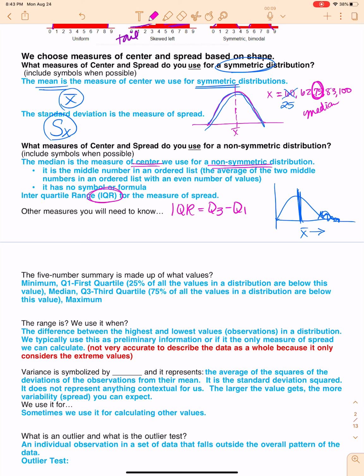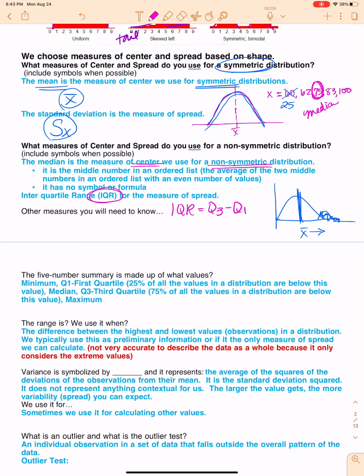But if I'm looking at a distribution and I say, you know, that looks a little non-symmetrical, it looks a little skewed to the right or skewed to the left or something like that, then the most accurate measure of center is going to be the median, and then I'm going to talk about the IQR as being the measure of spread.